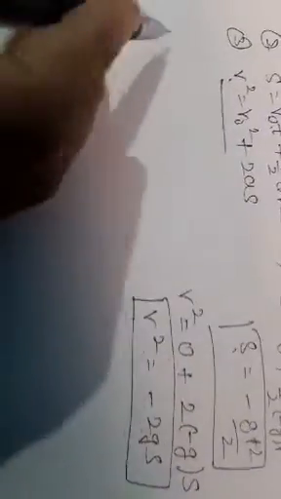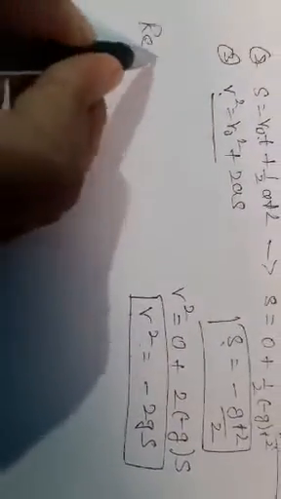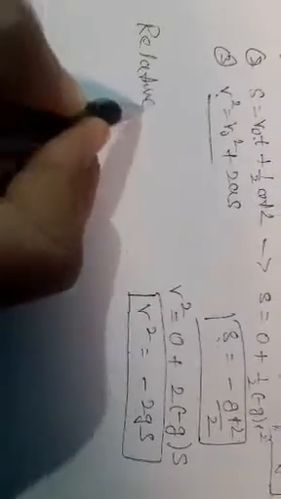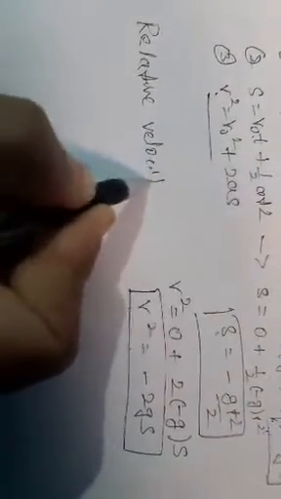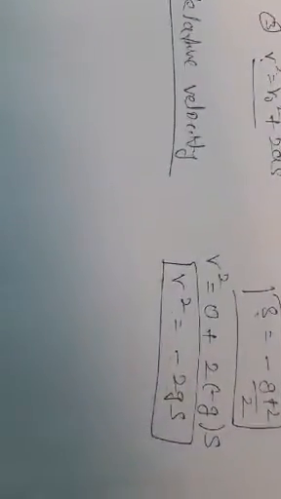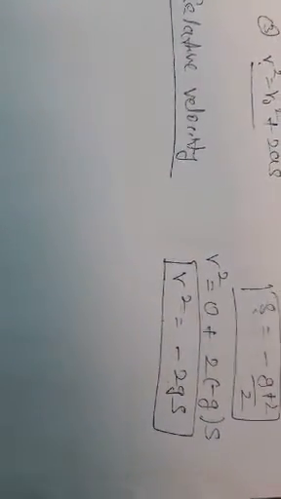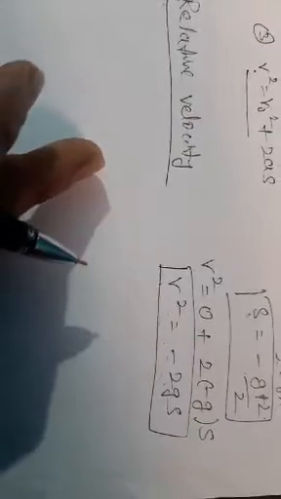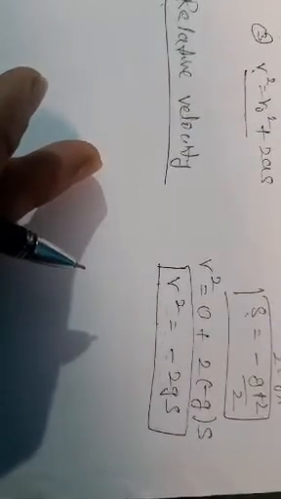And the last concept in this chapter is relative velocity. What is the meaning of relative velocity? The concept of relative velocity means the motion of one body relative to another body.